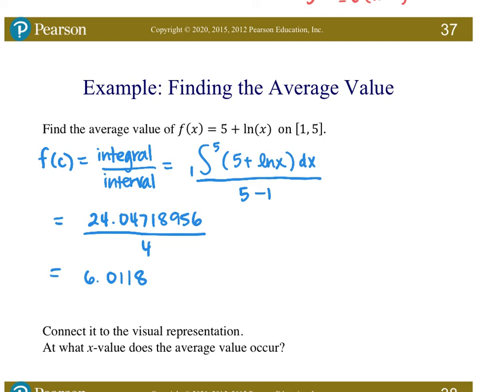So visually, what does this mean? Well, the graph of 5 plus the natural log of x looks like this. There's 1, 2, 3, 4, 5. And so the area trapped underneath that curve.